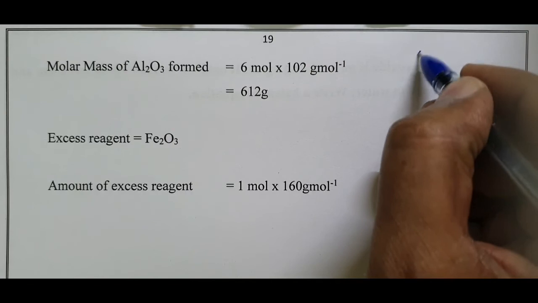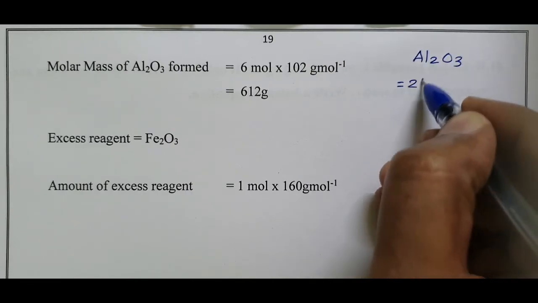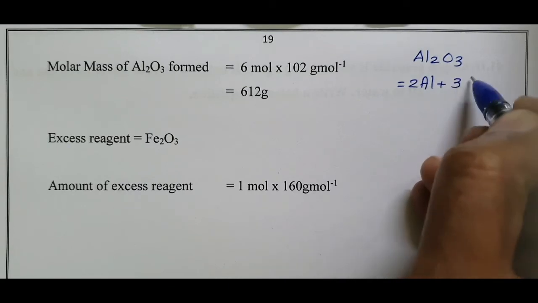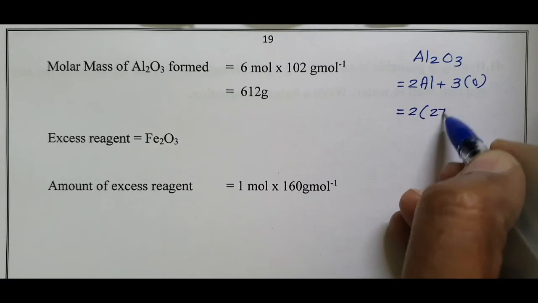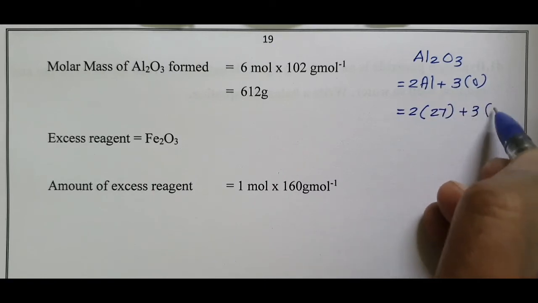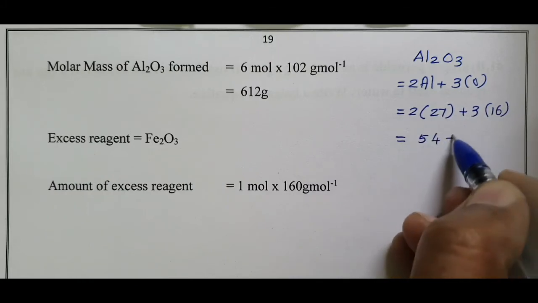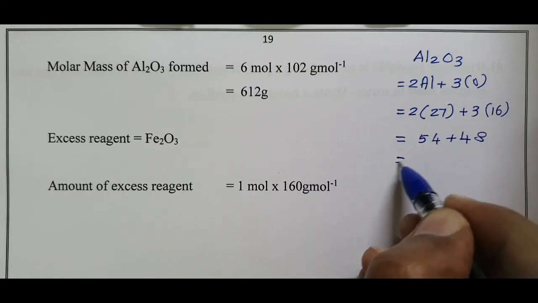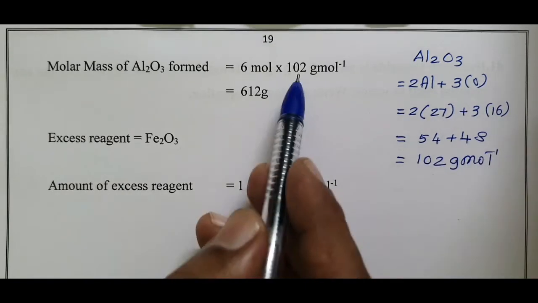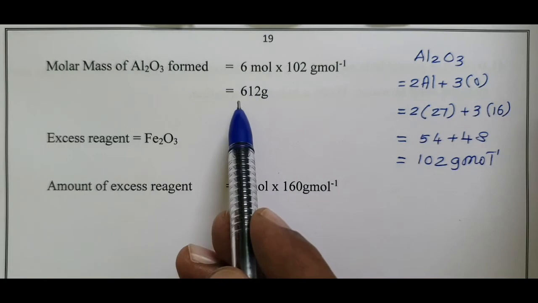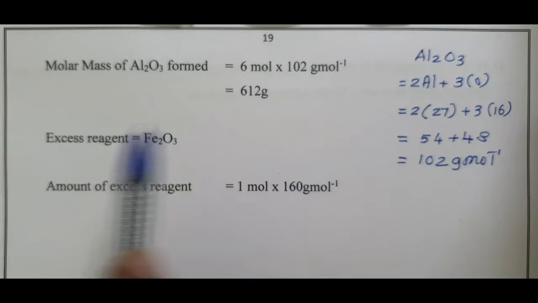Alumina Al2O3 consists of 2 aluminum atoms and 3 oxygen atoms, that equals 2 into aluminum atomic mass 27 plus 3 into 16. 2 into 27 equals 54 plus 48 gives the answer 102 gram mole power minus 1. So 6 into 102 equals 612 gram of alumina is formed.